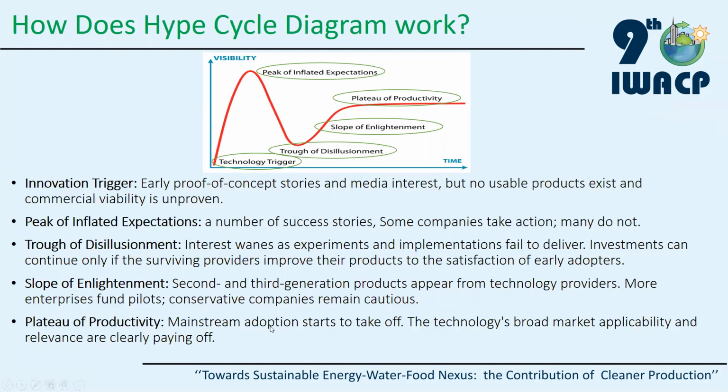And the last stage is the plateau of productivity. Mainstream adoption starts to take off. Criteria for assessing providers' viability are more clearly defined, and the technology's broad market applicability and relevance are clearly paying off.